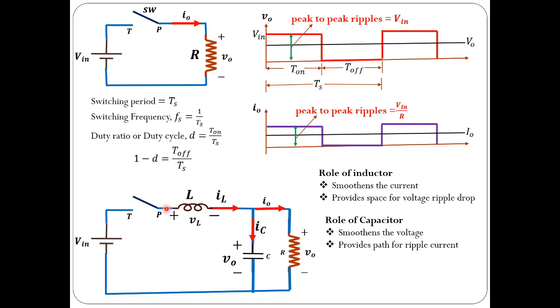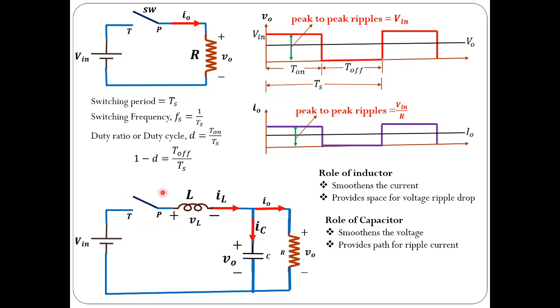So what would happen? The inductor tries to maintain the current. It does not allow a sudden change in the current, so it will induce a high voltage across it, and that would appear as a drop across the switch, which may lead to breakdown of the switch.